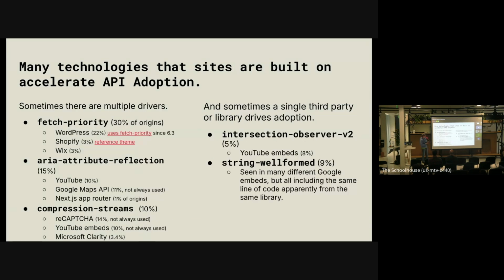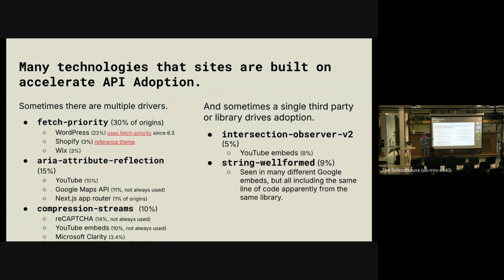First, I saw a lot that were site building technologies that really played a huge role. Fetch priority is a great example. It's used on 30% of origins, and if it's used correctly, it can make largest contentful paint a lot faster. WordPress has been using it since 6.3. It's on 22% of origins. Shopify uses it in their reference theme on 3% of origins, and Wix also uses it. That shows you where all that usage is coming from.